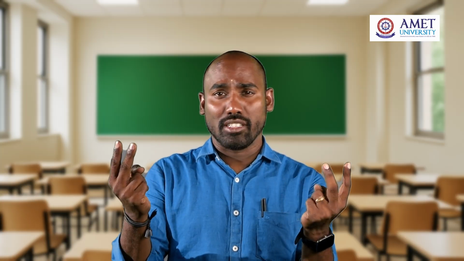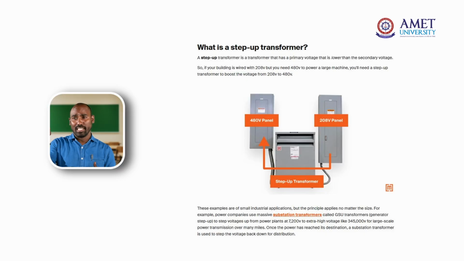So we have two different transformers. One is the step-up transformer, where the input is lesser than the output. That means whatever input we give to the transformer is enhanced and the output is more. This is a step-up transformer. For a step-up transformer, the number of turns in the secondary coil is more than the number of turns in the primary coil.